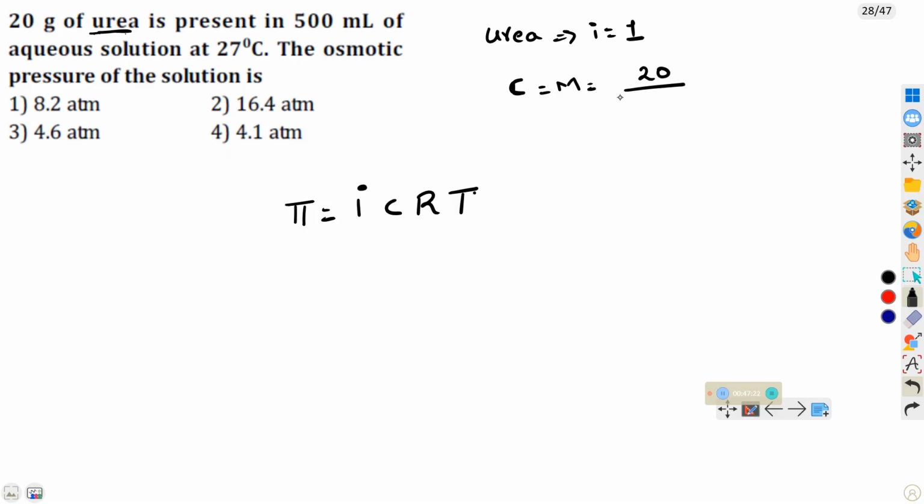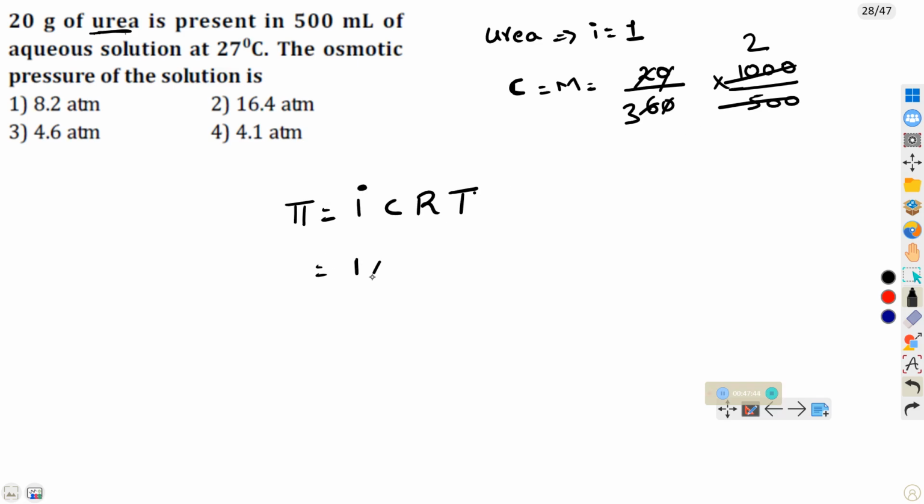Molecular weight of urea, NH2CONH2, is 60, into 1000 by 500. The concentration is 2 by 3.